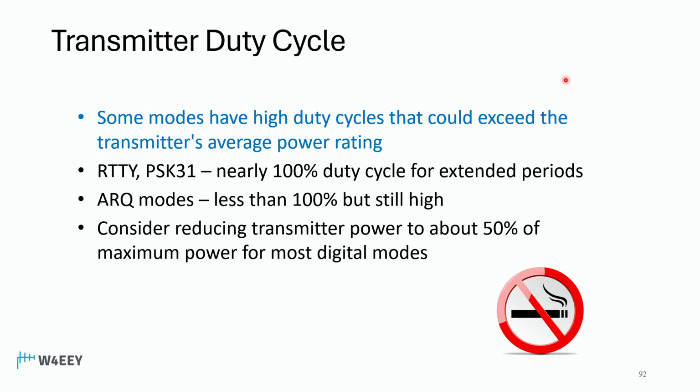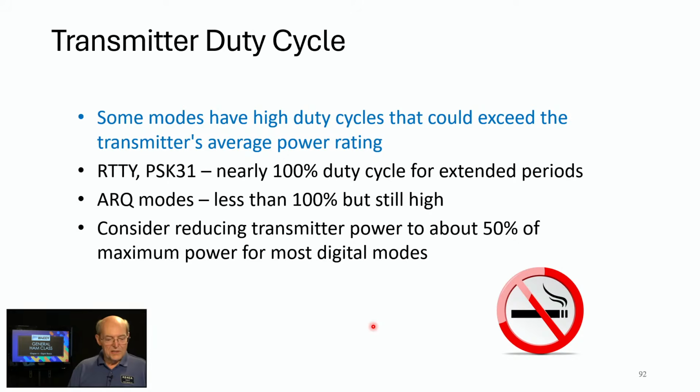Now duty cycle, the symbol down here, what it means is it's a symbol that should be on your transceiver, and it means I'm too young to smoke, okay? You don't want to smoke your transceiver. So some modes have a high duty cycle that could exceed the transmitter's average power rating.